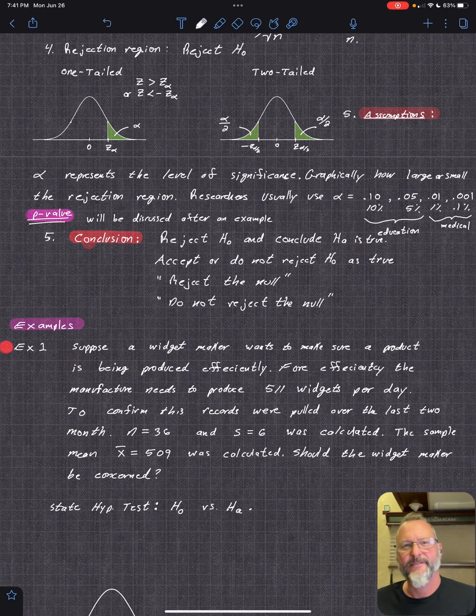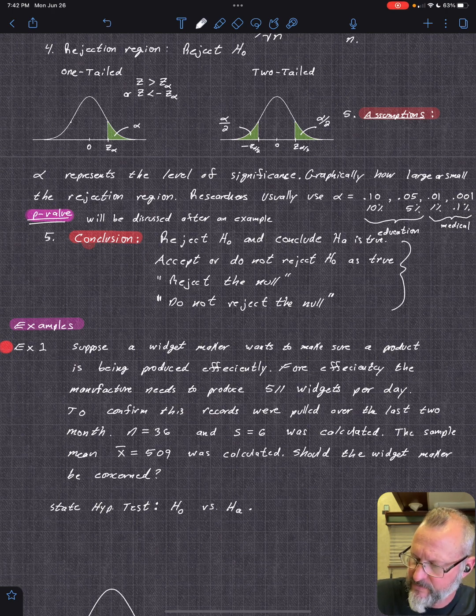So that's the vernacular for stat people, how you would say that. Okay, so we will use this type of wording.